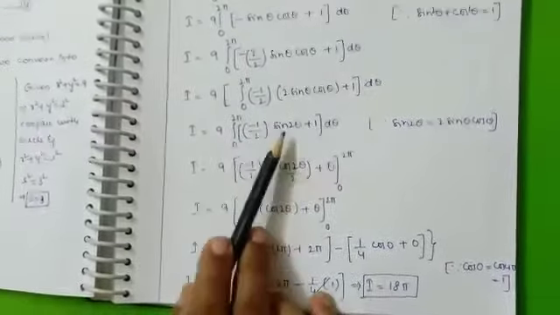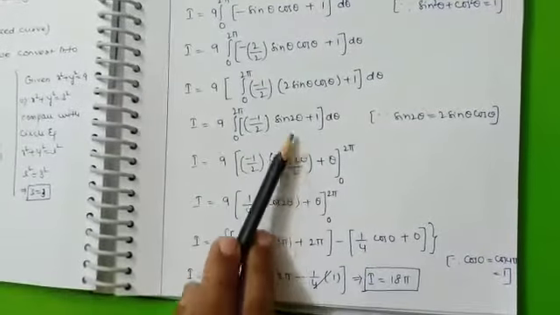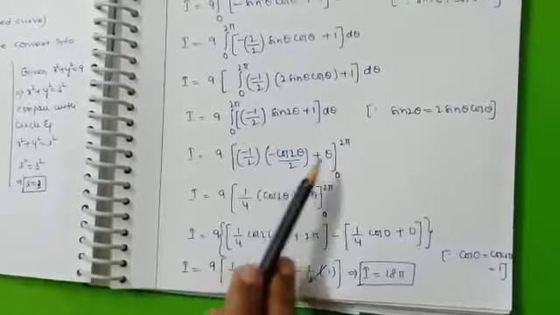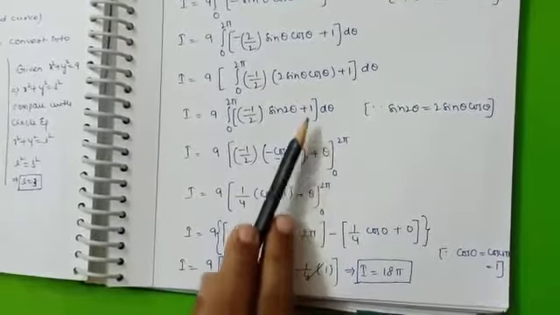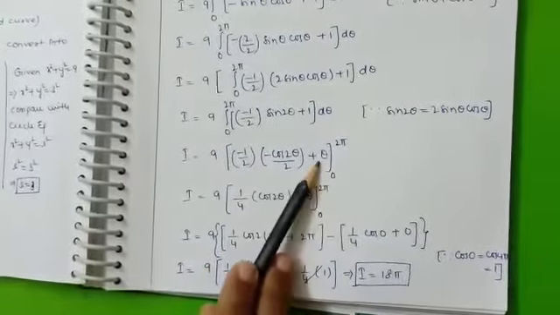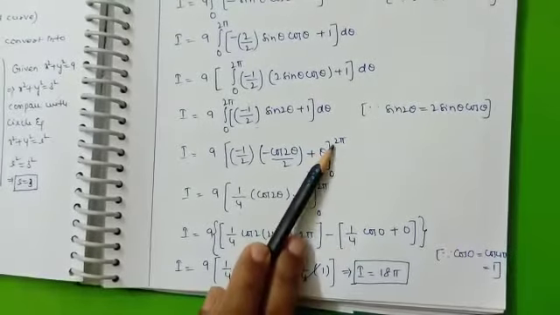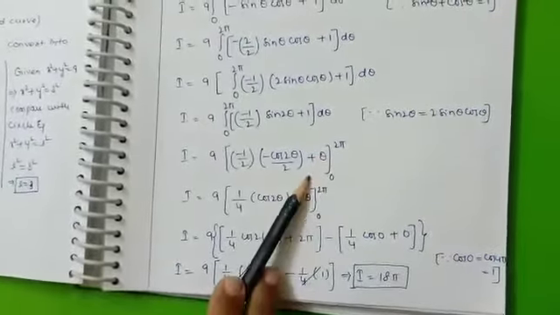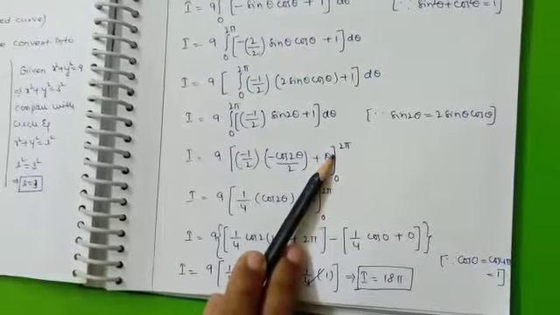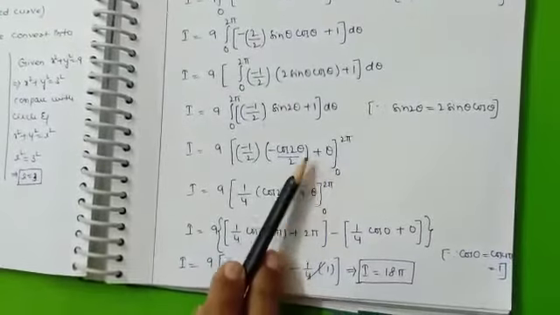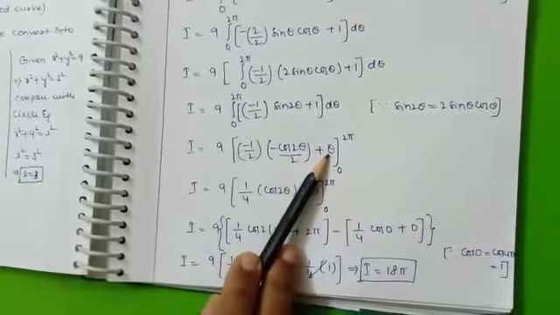Minus 1 by 2, sin integral is minus cos 2 theta by 2, 2 is constant, theta derivative is 1, plus 1 into d theta, integral you are going to make it, you will be getting theta. Now you have the limits as 0 to 2 pi. Apply the upper limit minus lower limit. Wherever you get theta in the upper limit, substitute the value 2 pi. Wherever you get theta in the lower limit, substitute the value 0.